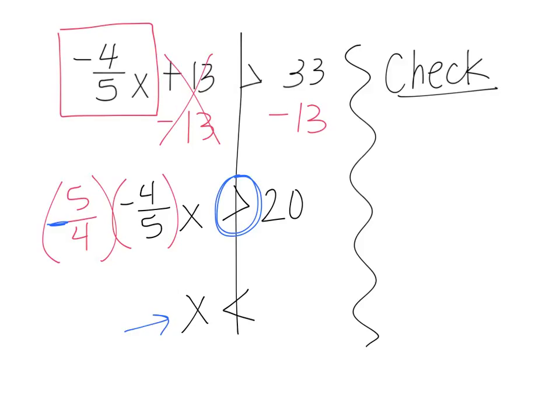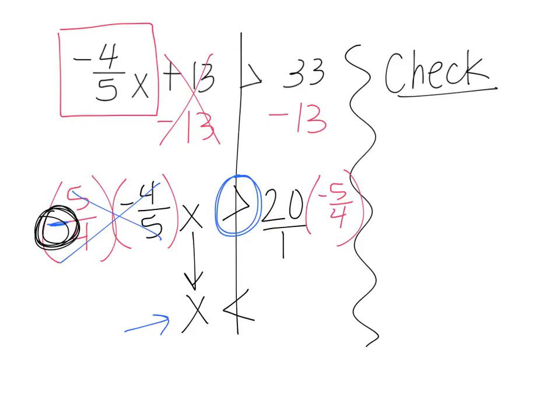So we do the same thing to the other side, times negative 5/4. Our fractions all cancel out over here. Our x is brought down like we already did. Because I multiplied by this negative right here, that's what caused my inequality symbol to flip. But remember, I already did that at the beginning, so I wouldn't forget.